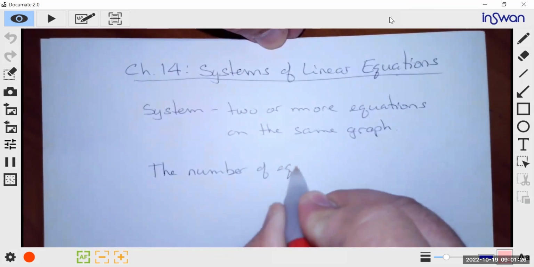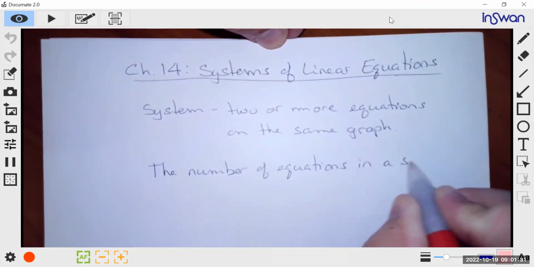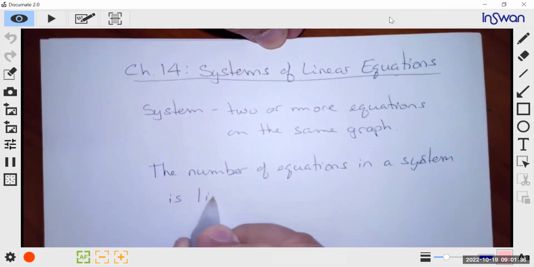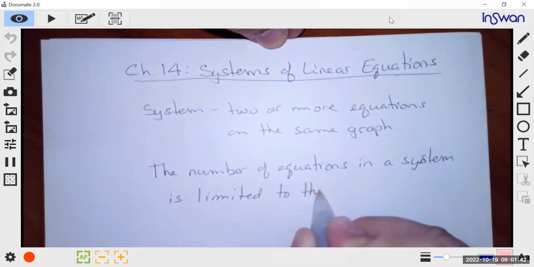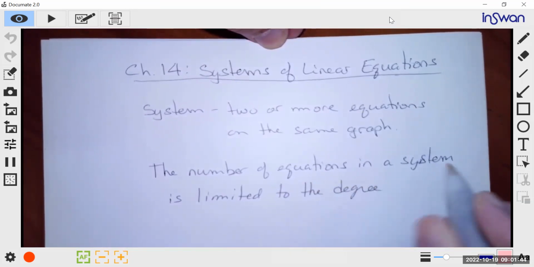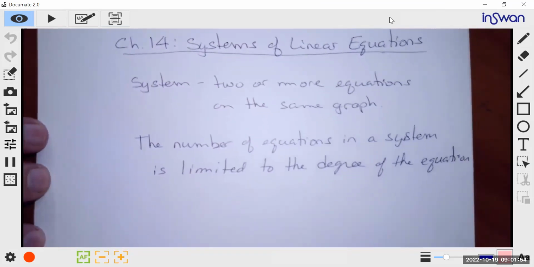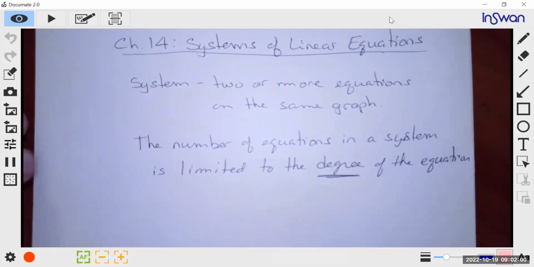The number of equations in a system is limited to the degree of the equations.